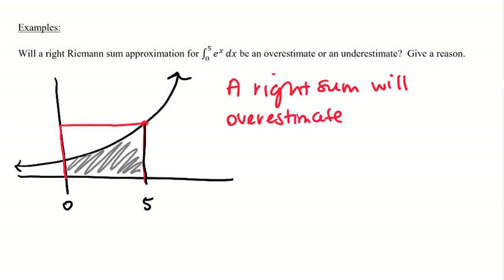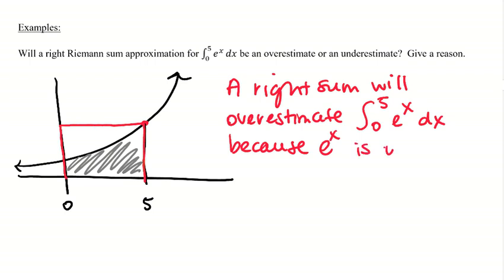It'll overestimate the exact value of the area under e to the x between 0 and 5 because e to the x is increasing. And you can just say that e to the x is increasing. You don't have to prove that by taking the derivative and saying, well, e to the x is always a positive number and e to the x is the derivative of e to the x, therefore it's increasing. You don't really need to do that. I think everyone would agree with you that e to the x is an increasing function.